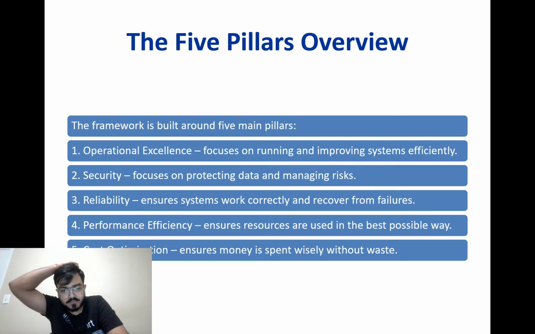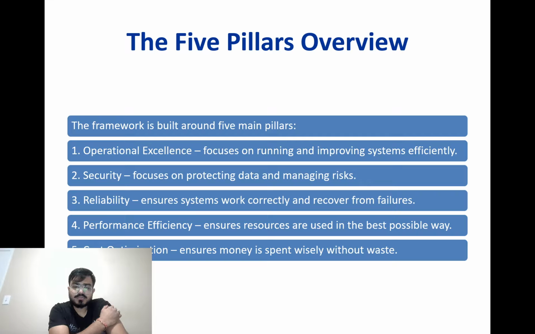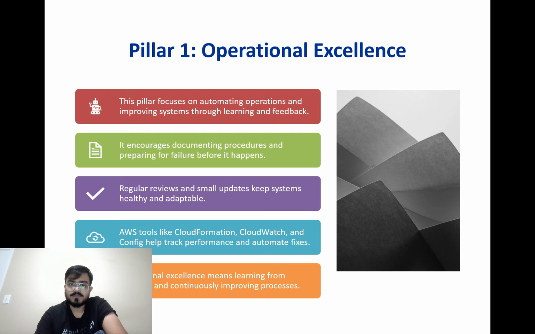Fourth one is performance efficiency, using resources effectively for speed and scalability. Fifth one is cost optimization, avoiding waste and using money wisely. Each of these pillars adds strength to your design. If even one is weak, the whole system can become unstable.